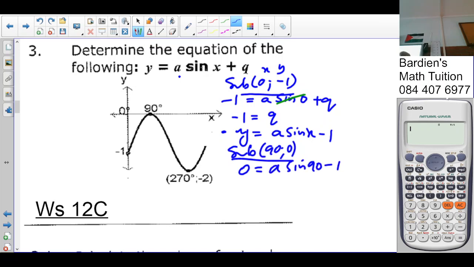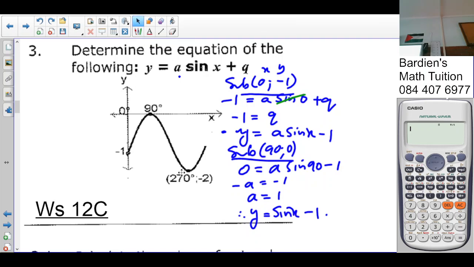What is sine of 90? 1. So a minus 1 is equal to 0, so a is equal to 1. So the equation is y is equal to 1 sine x minus 1. Okay. If that was f of x, I would have just put in f of x.